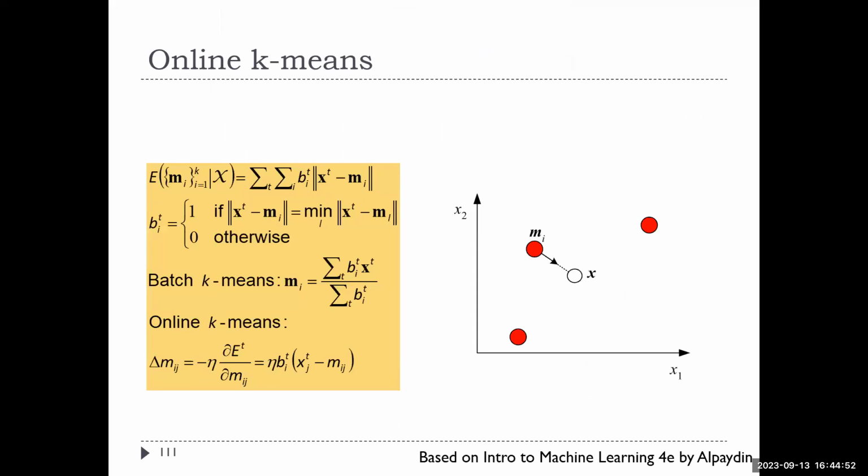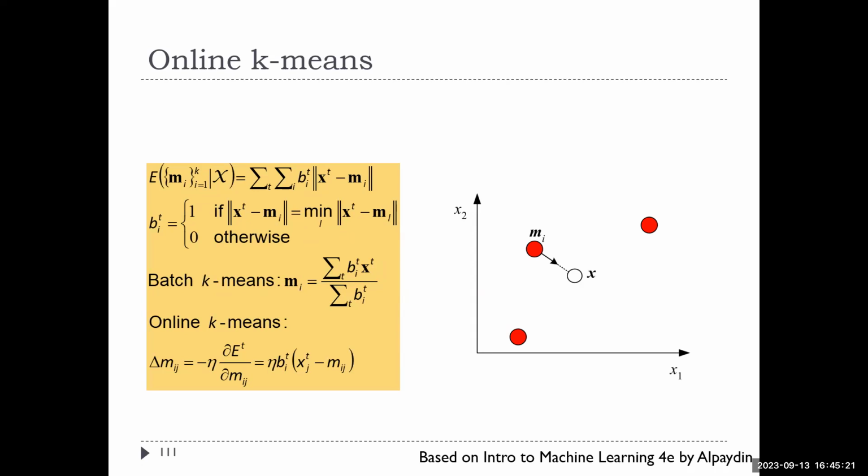There is the online k-means algorithm. This is a type of incremental algorithm. Normally, when you compute a cluster center, you first assign all data to a cluster, then take the average, right? So this is usually the batch k-means. But online k-means is something like incremental.